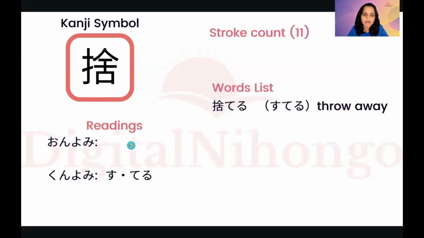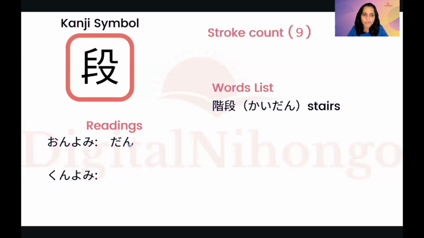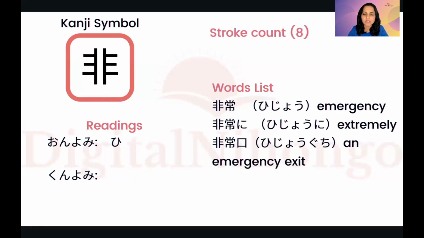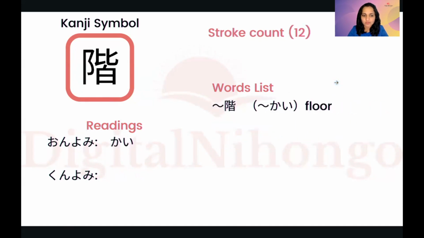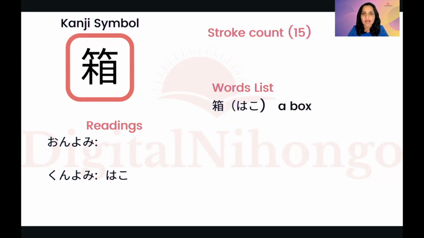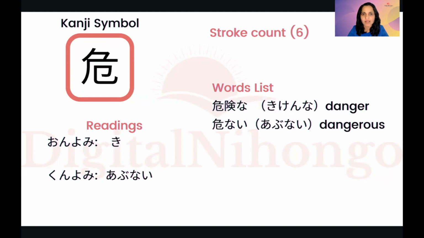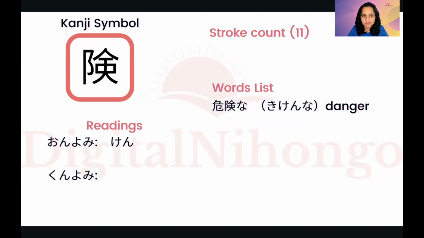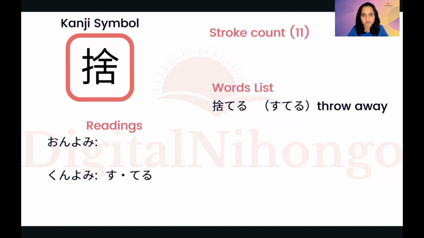So right now we have seen, first we started with hijo, he, jo, then kai, dan, hijo, kaidan, hako, then kiken, and suteru.